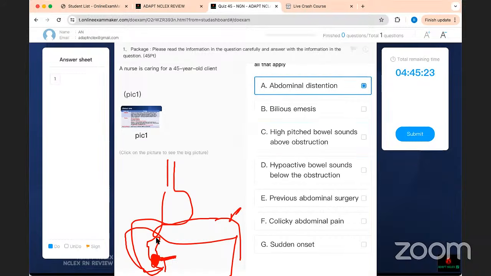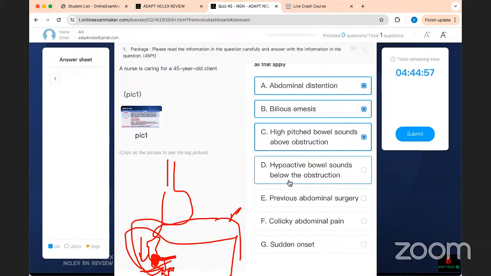Because there's an obstruction, most of the fluid in your small bowel is green, so you're going to have bilious emesis. The bowel above the obstruction, the sound is going to be high pitch, but the bowel that is below is going to be low pitch. So high pitch above and low pitch below.